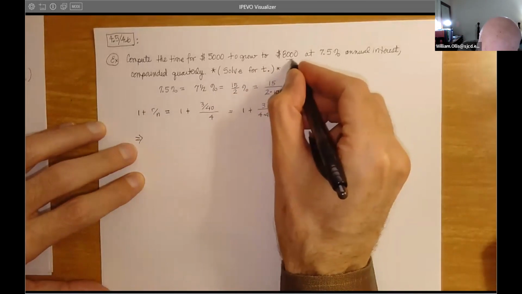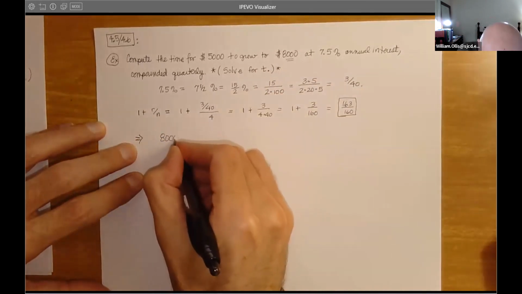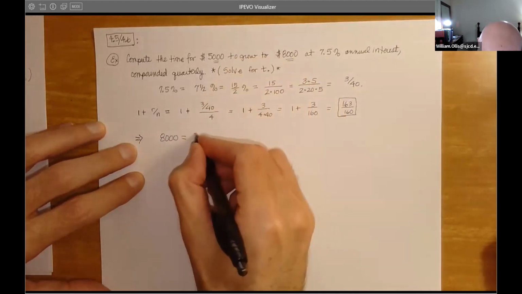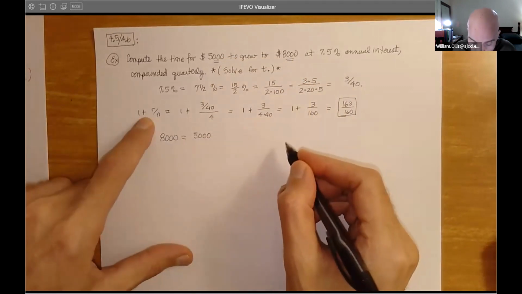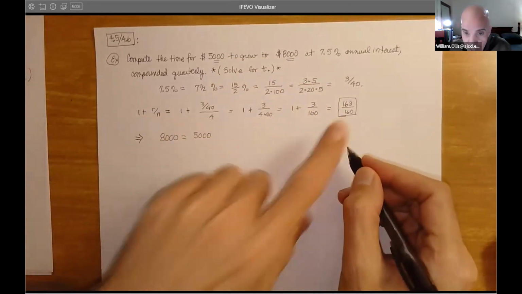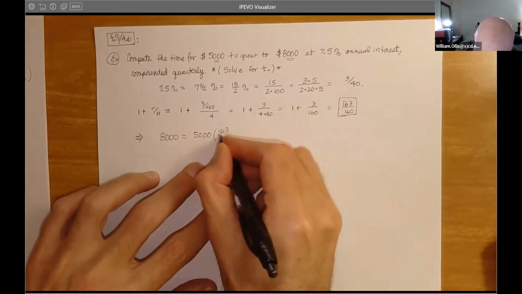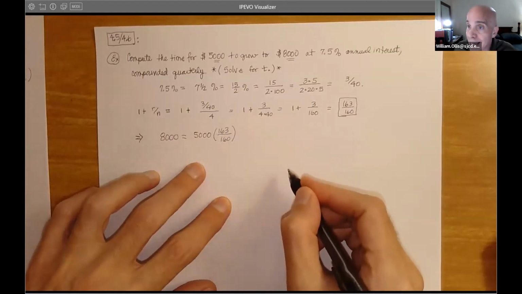So the growth is 8,000. And this will equal the principal, 5,000. And then we have our 1 plus r over n, which is 163 over 160. And we raise this to the nt.